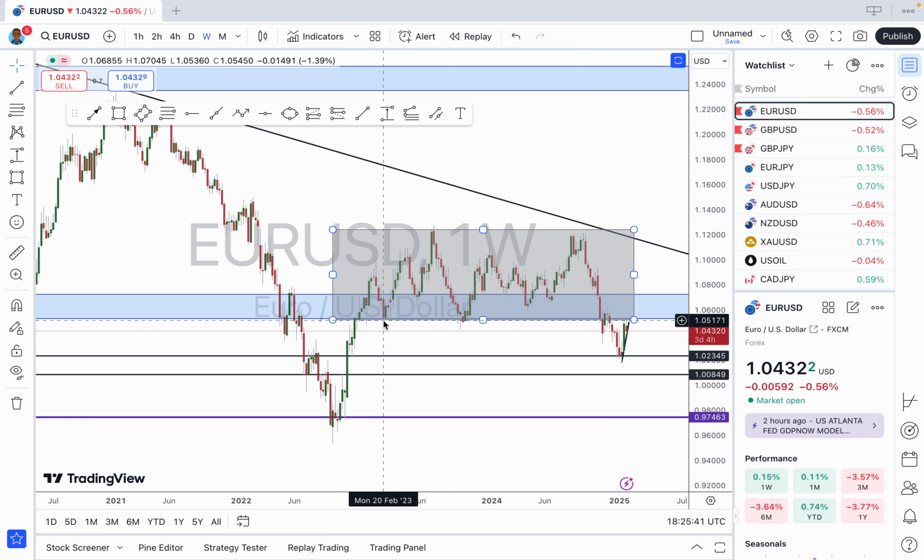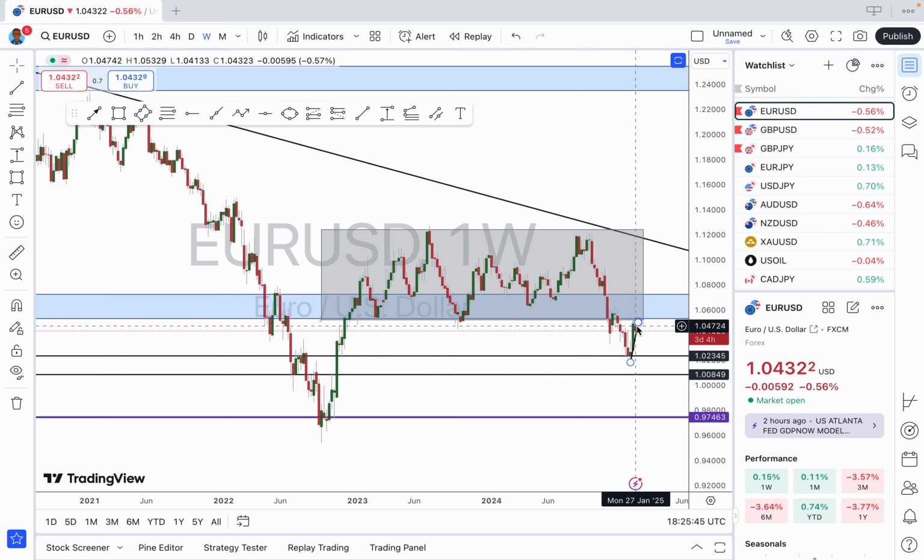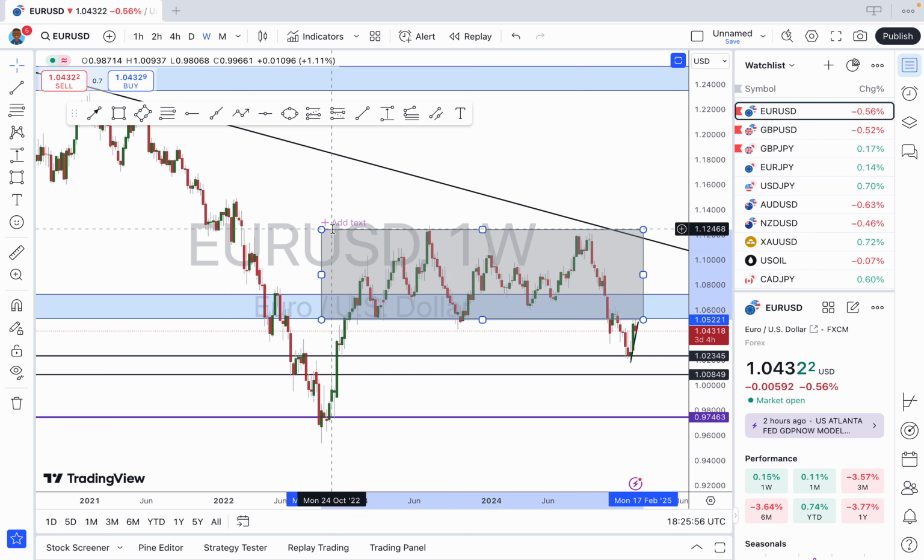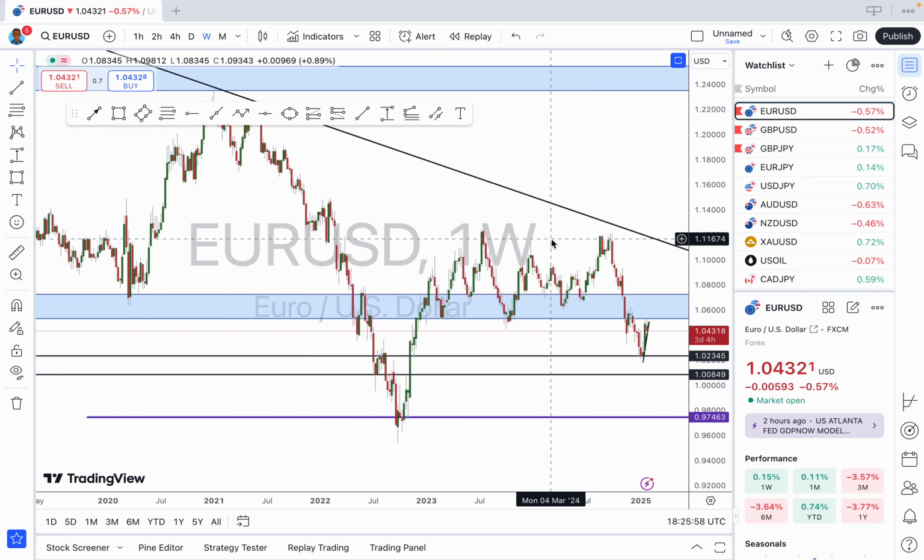But we broke the support of the range, and then we are retesting this said support. So it shows that we are committing to the downside, right? That's one.